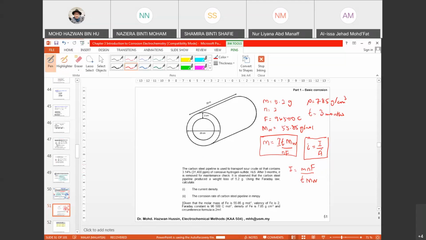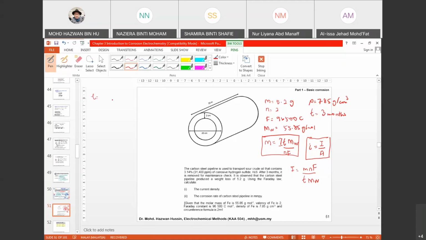Then you need to find the area and whatnot. First, I will give some tasks for each of you to calculate. For time conversion, Nazira can help. Can you convert it into seconds? Others can try and we can cross-check the values after this.